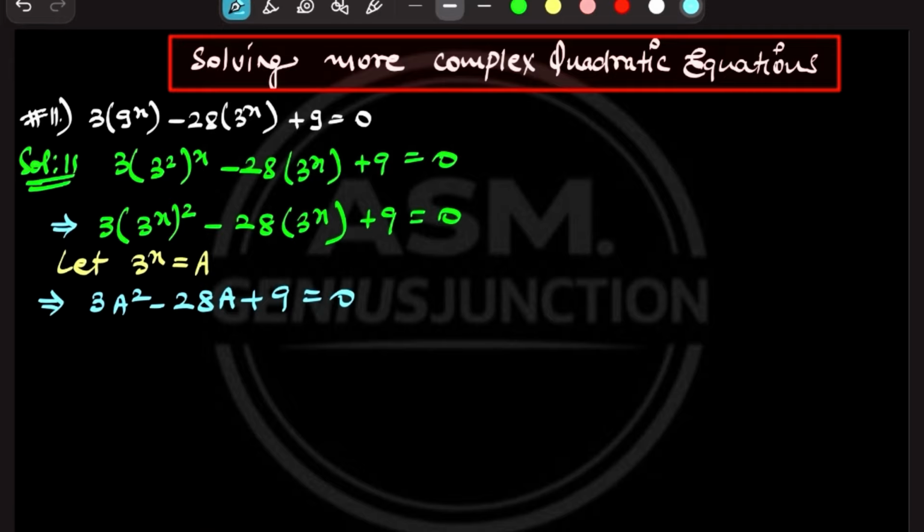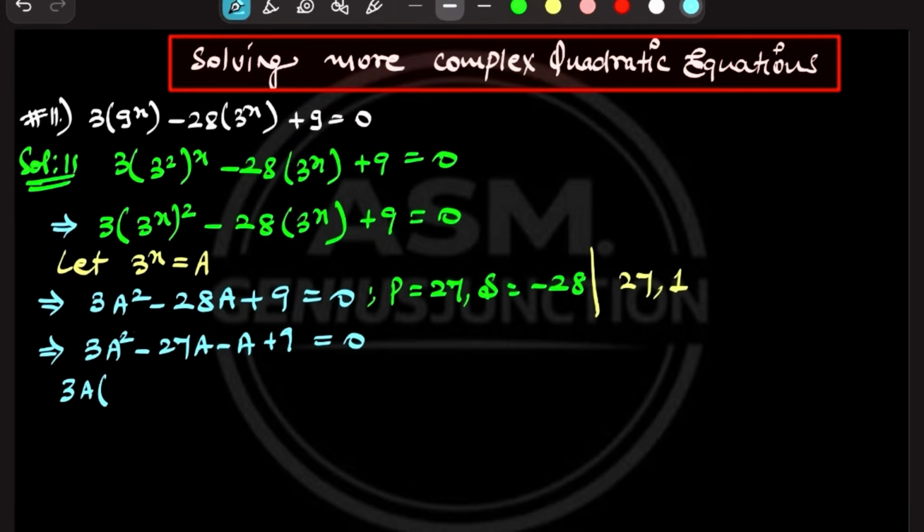Now we will be using the concept of factorization of quadratic equations by the middle term splitting method. This was discussed in video number 1. Please watch that video. So I need two numbers whose product is 27 and whose sum should be minus 28. My numbers are going to be minus 27 and minus 1.